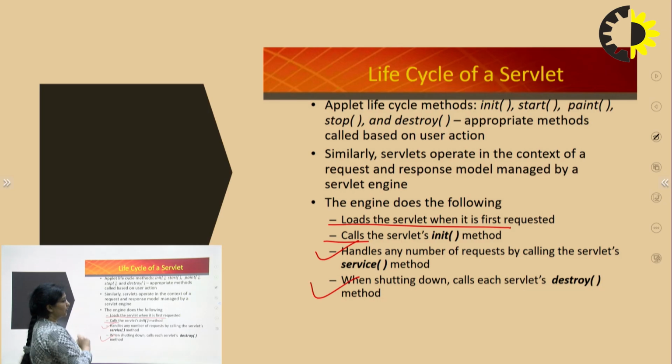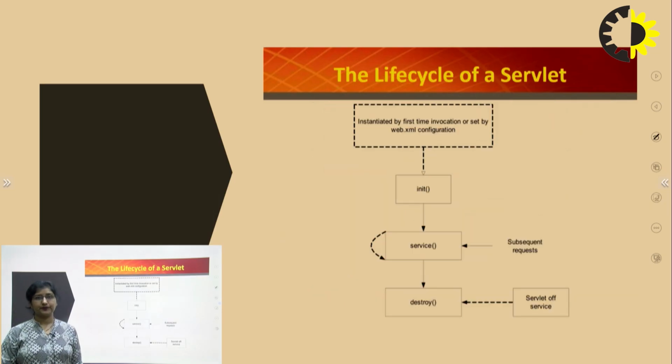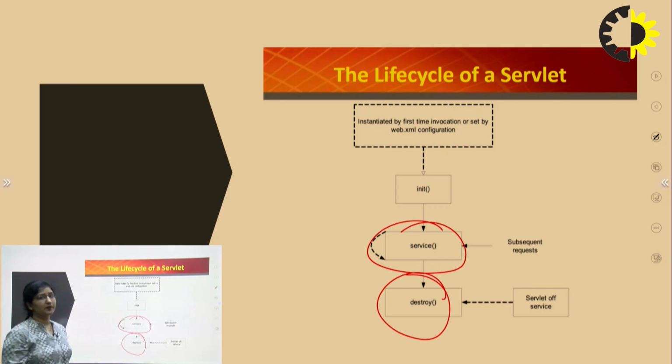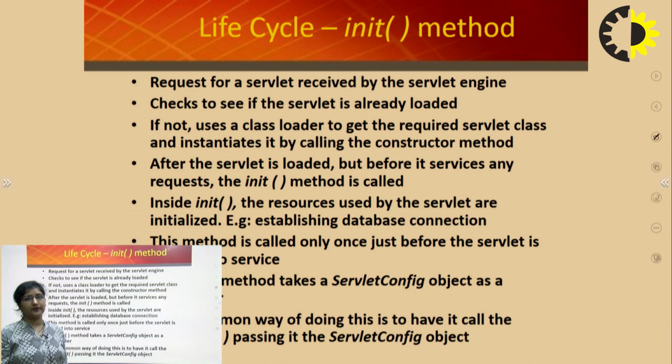While shutting down, it calls the destroy method for each servlet. It will be called by first-time invocation or set by web.xml configuration. The init function will be called, then the service function, and then destroy. This marks the end of that servlet.